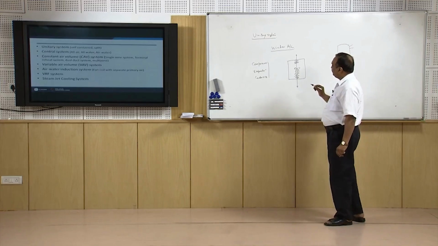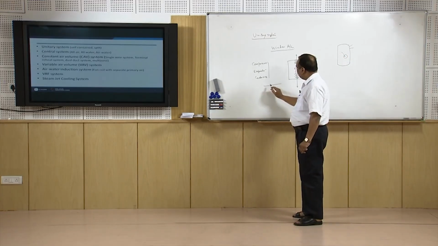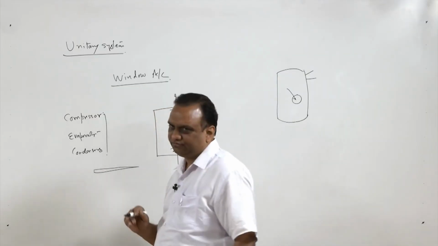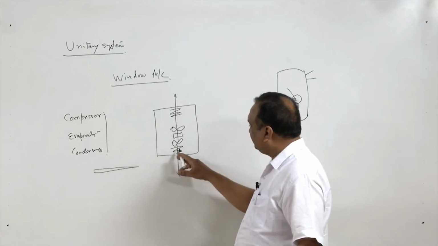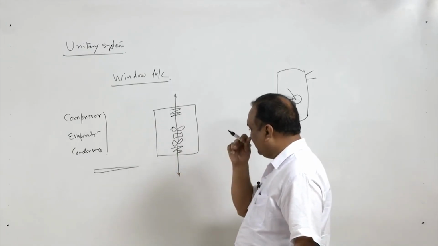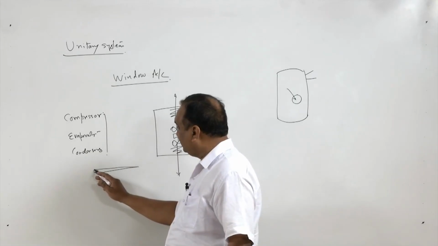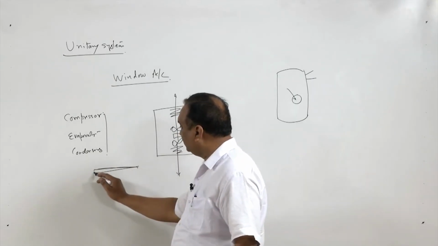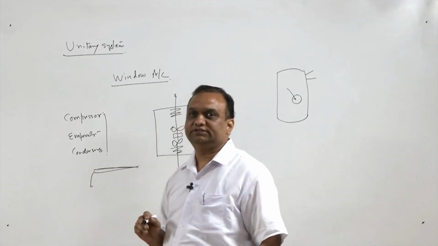Now a precaution has to be taken that a proper slope of the unit has to be maintained. A slight backward slope has to be given, which is normally neglected during installation, because in this evaporator coil the condensation of moisture will take place. If a backward slope is not given, then the water will start draining on the wall of the room. This you must have witnessed in many applications.